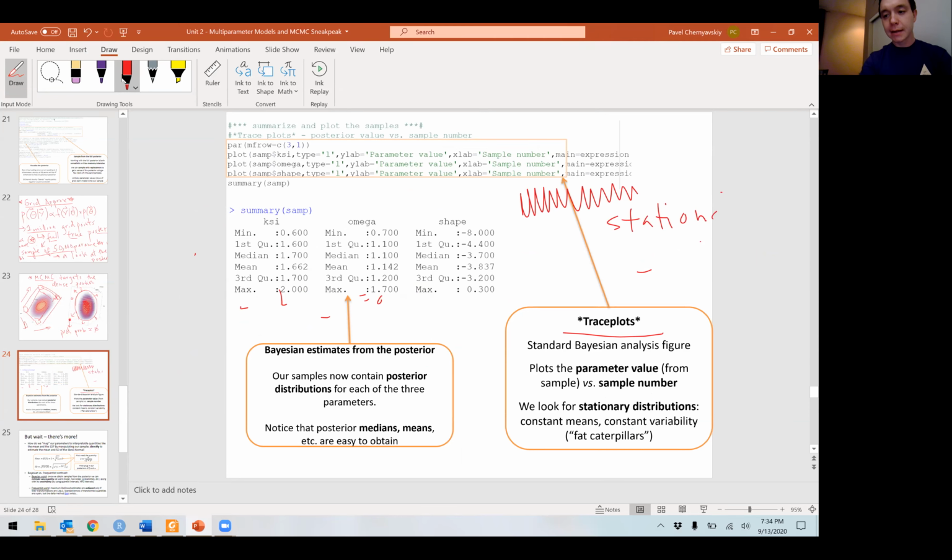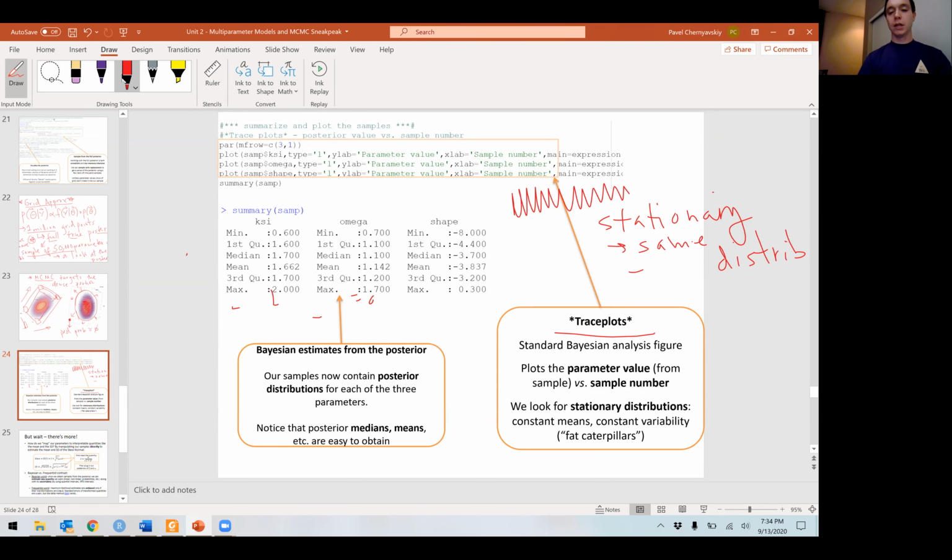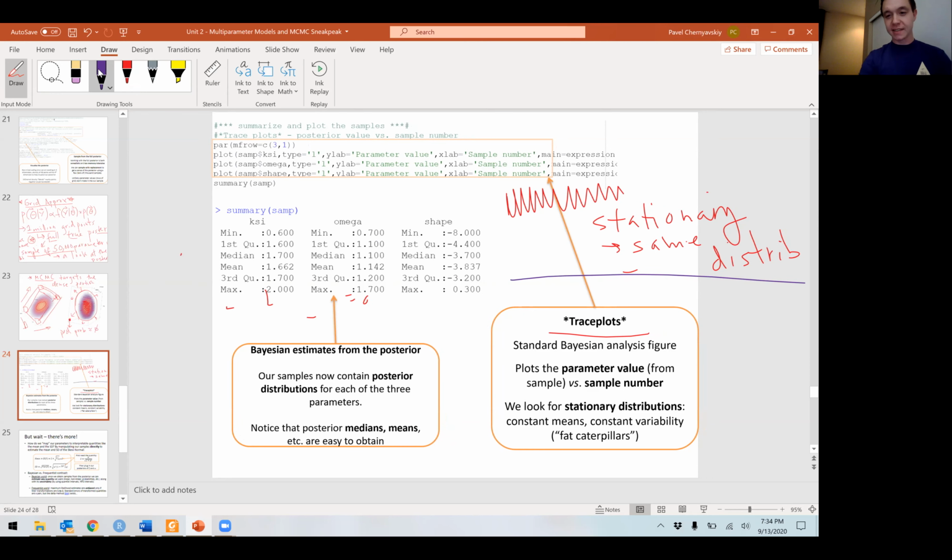Constant mean, constant standard deviation, same distribution. I don't want this kind of trace plot. Do it in purple because we don't want it. I don't want this kind of trace plot.